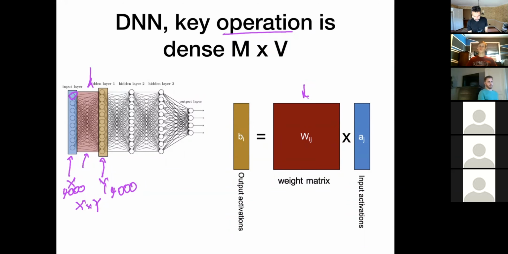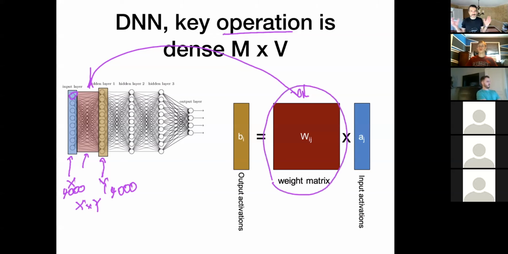And this is only related to this particular part of the network, okay? So you have a weight matrix which is super large, like 16 million parameters inside it. And you have your activation, and this is your input activation, okay?